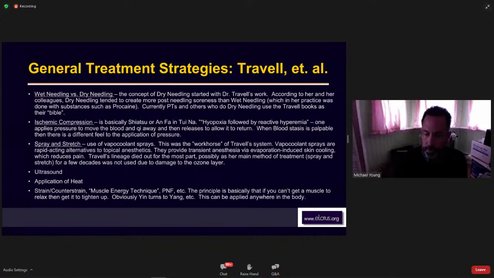One doctor talked about how she developed a system where there was nothing before, and then it relatively died. I think it's because their main workhorse, all of a sudden they're like, oh, we can't use this because it damages the ozone layer. Now, as you may be aware, there are vapocoolant sprays that don't damage the ozone layer, but I think there was a 10 or 20 year period where that wasn't the case. And then she died.